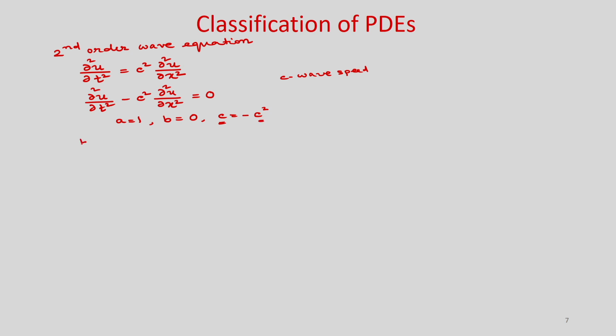Now you can write b square minus 4ac is equal to 0 minus 4 into 1 into minus c square, that means it is 4c square, which is greater than 0. So, b square minus 4ac is greater than 0, then obviously it is hyperbolic in nature. So, mathematically it is hyperbolic in nature, and physically it is a marching problem.